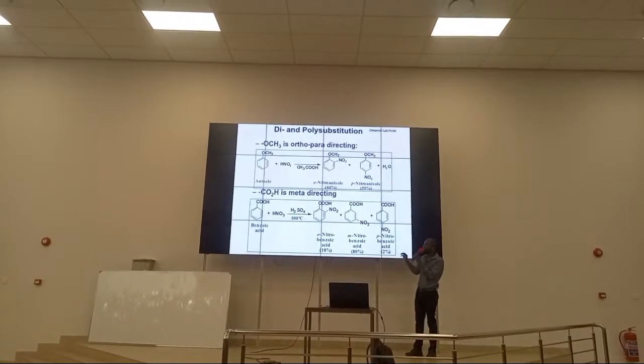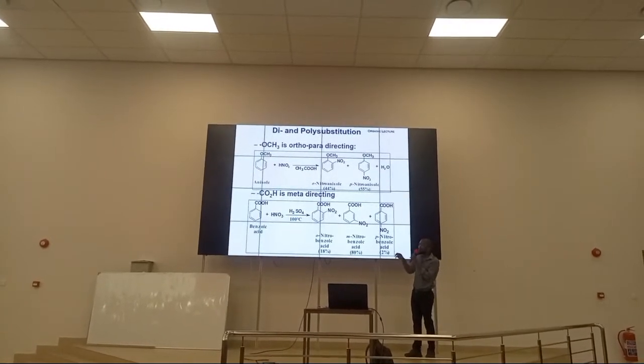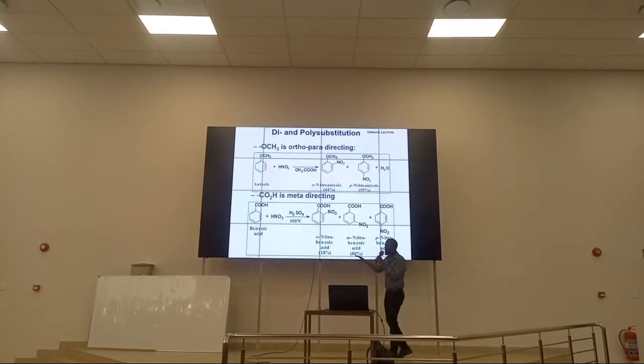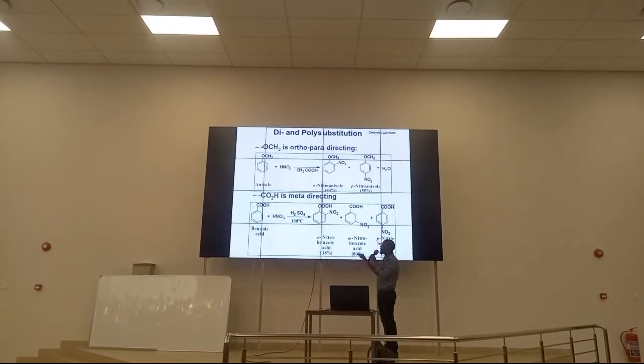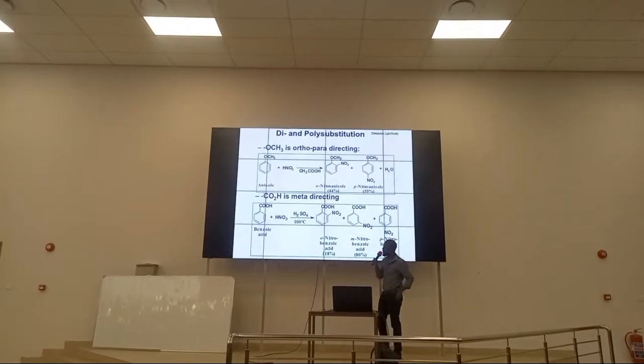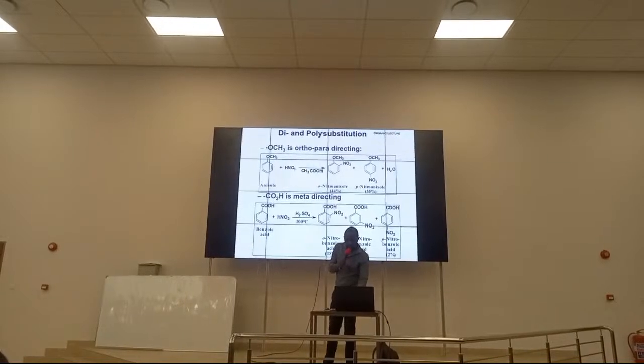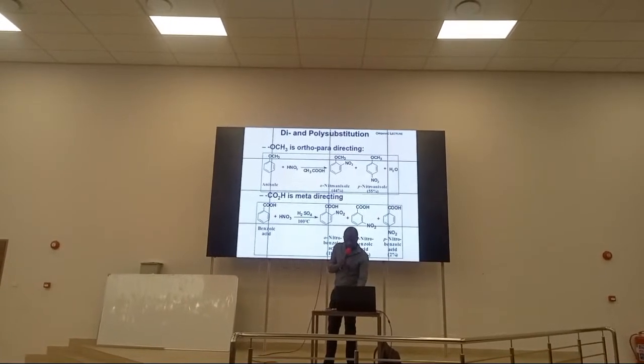So we see that overall, the carboxyl group attached to the benzene ring is a meta-director, okay, because it tends to direct the incoming electrophile to the meta position. So that is very important.